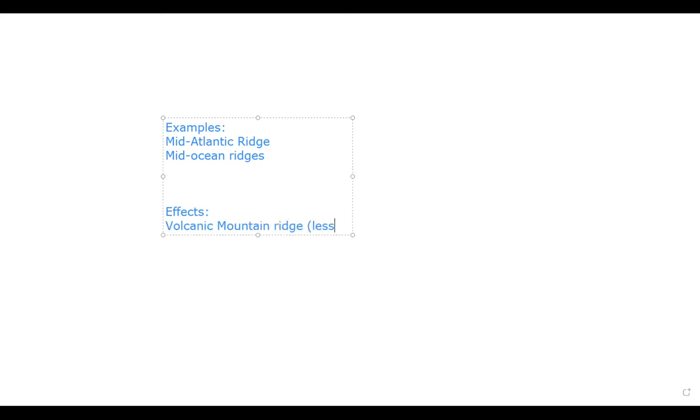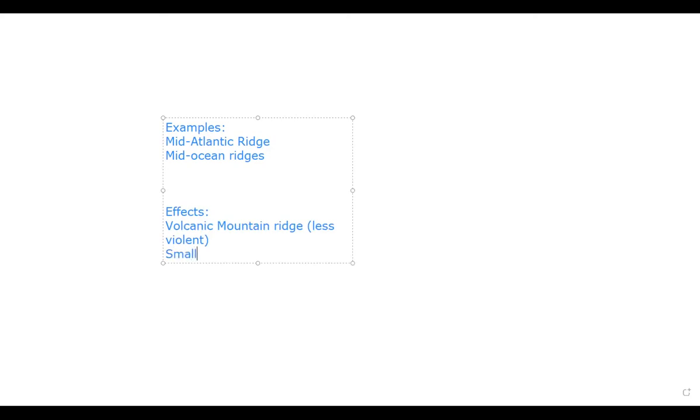And these are less violent. Now it's not to say that they can't become more violent, because oftentimes the water creates a little bit of a problem when the volcanoes erupt, but most of the time they're less violent.